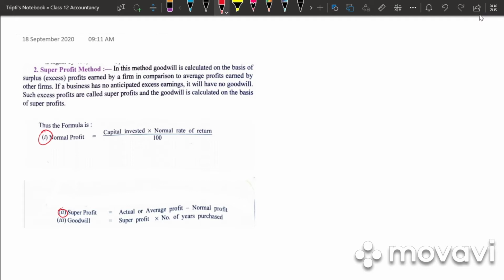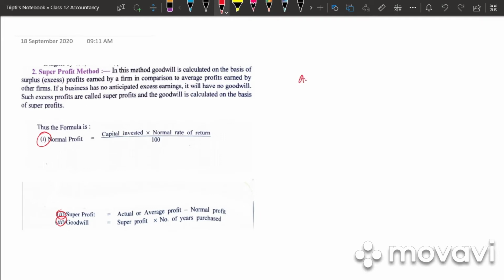Second one, super profit is equal to actual or average profit minus normal profit. Third one, goodwill is equal to super profit into number of years of purchase.